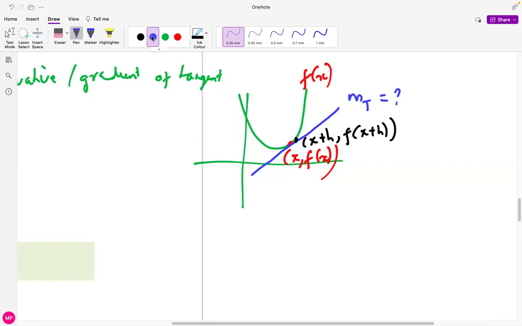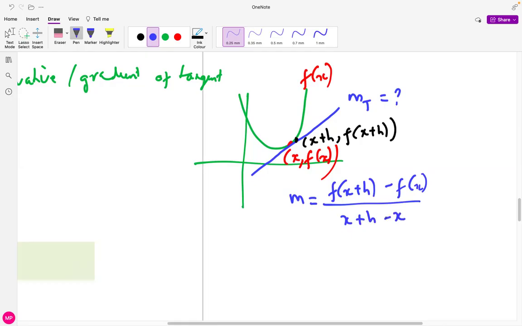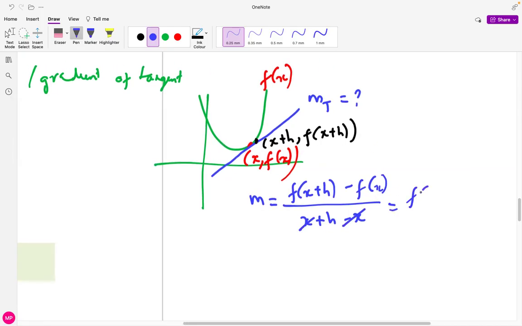So the gradient passing those two points will be y2 minus y1, so f of x plus h minus f of x over x plus h minus x. The x minus x cancel out, so you are left with f of x plus h minus f of x over h. This represents the gradient passing those two points, but we are interested in finding the gradient of the tangent.